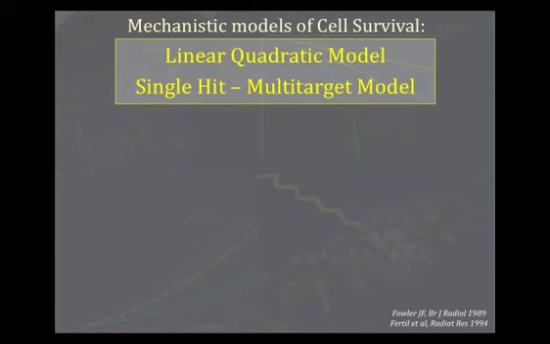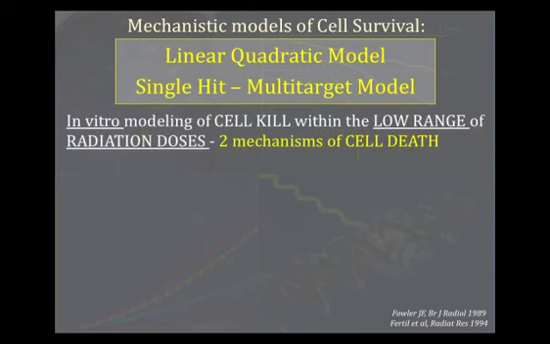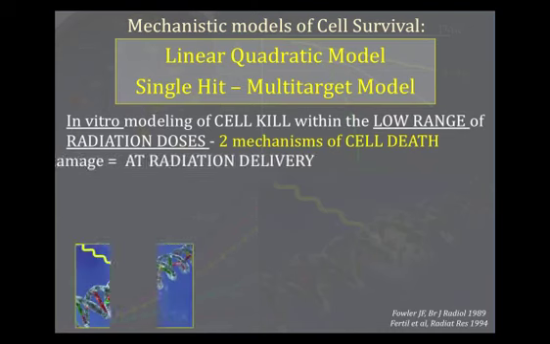But what's important to keep in mind, because I'll come back to this point when we discuss radiosurgery, is that these two models were based on in vitro cell cultures, and they were measuring only cell survival. That's the only thing they were evaluating. And cell survival or cell kill was evaluated by two different mechanisms.